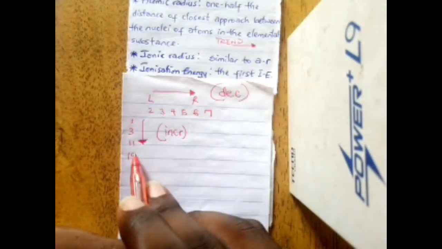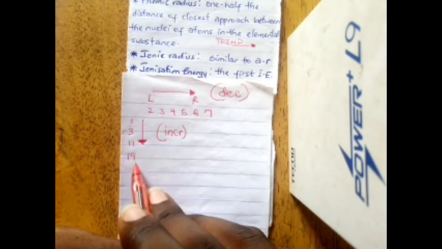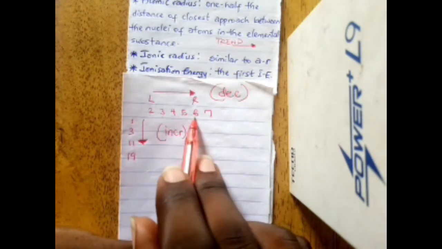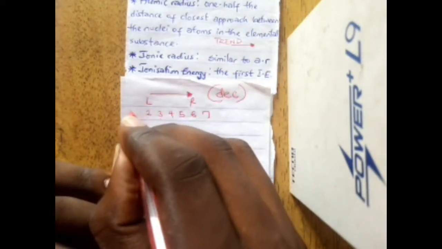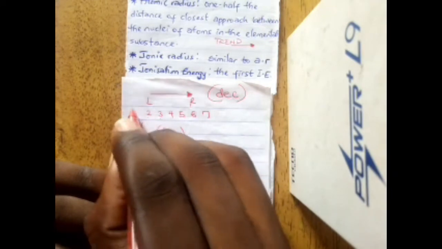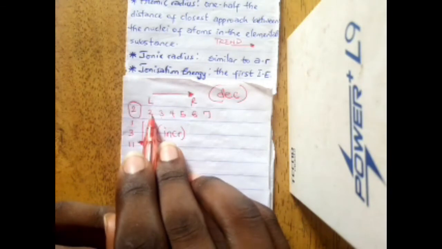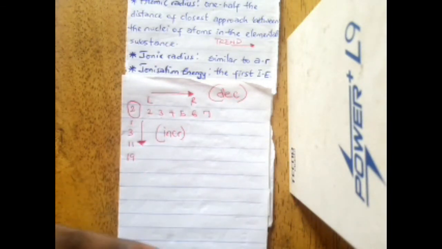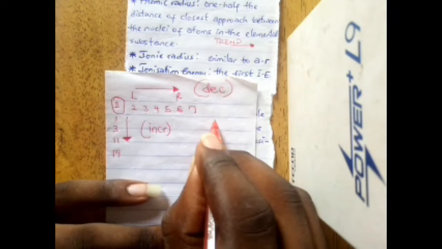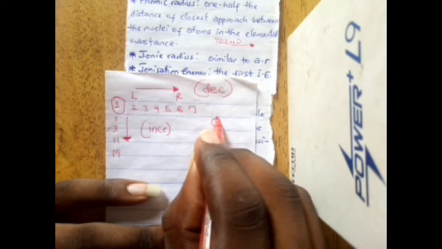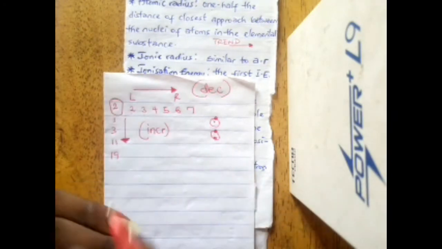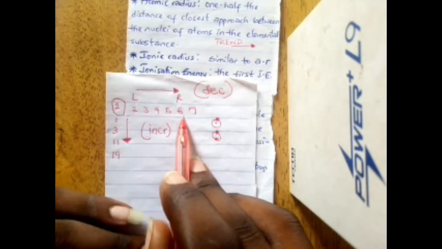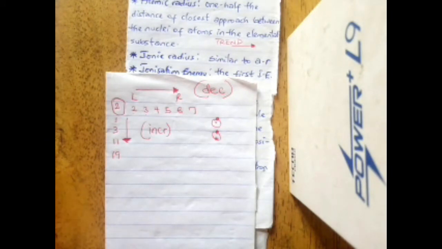Now this is group 1 elements, hydrogen, lithium, downwards, and these are members of a particular period. So let's say these are period 2 elements. As I move from left to right, there's just an increase in electron of 1. The increase in electron is just one. So this does not really have an effect on the size of the atom.